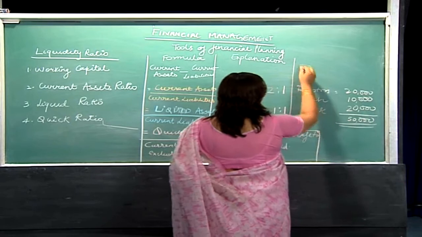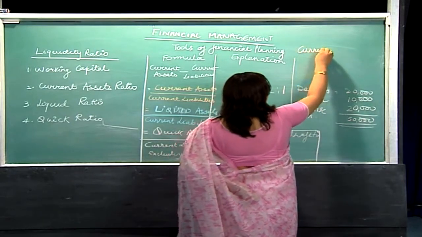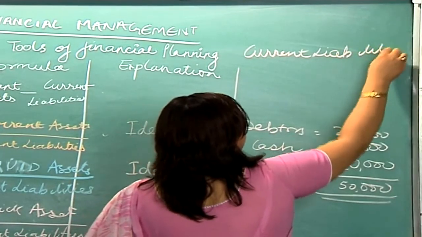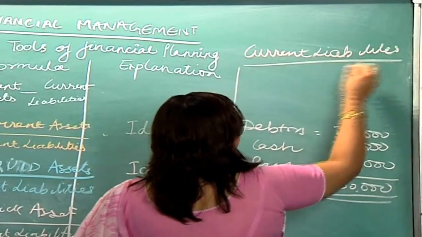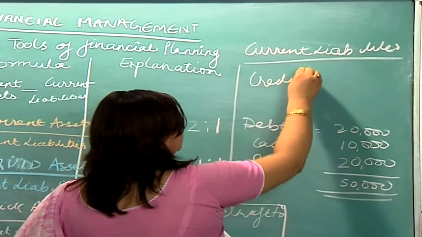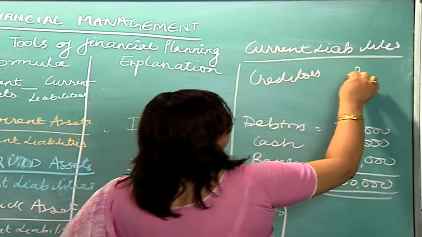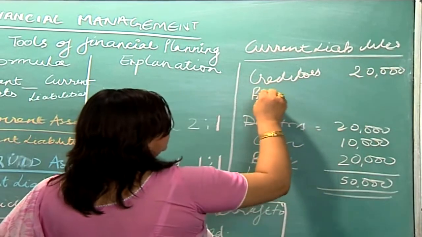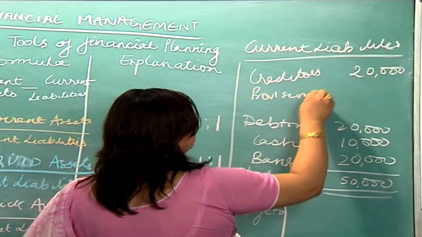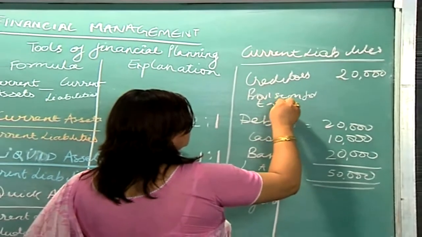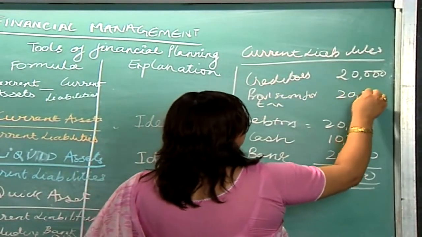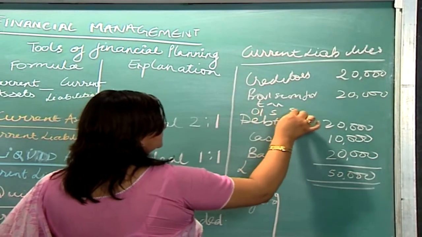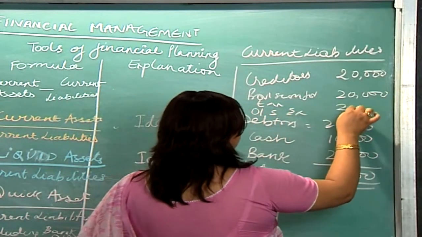Now current liabilities are given as creditors 20,000, provision for taxation 20,000, and outstanding expenses as 20,000.